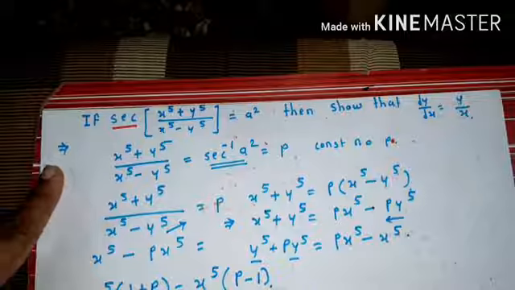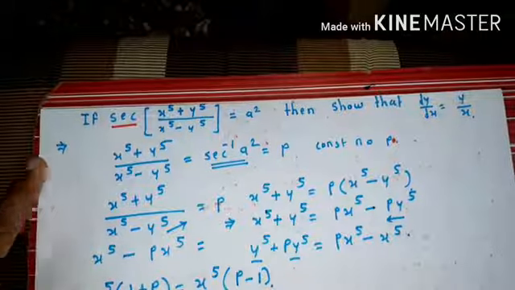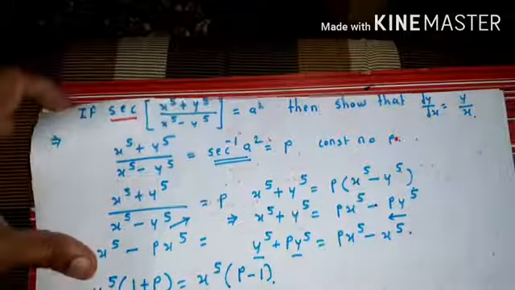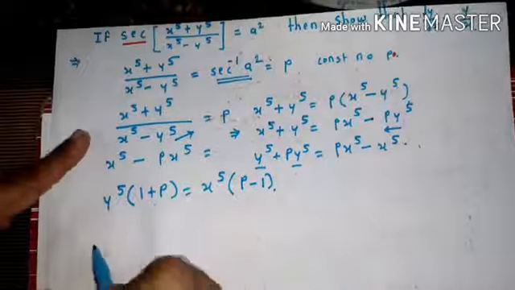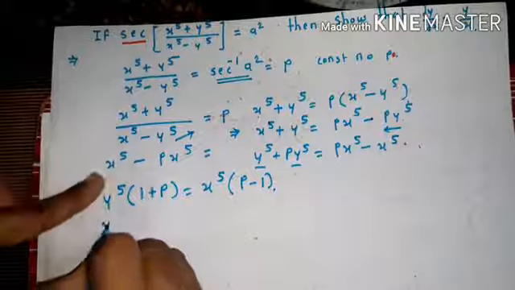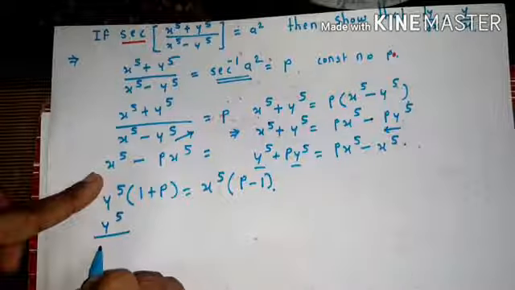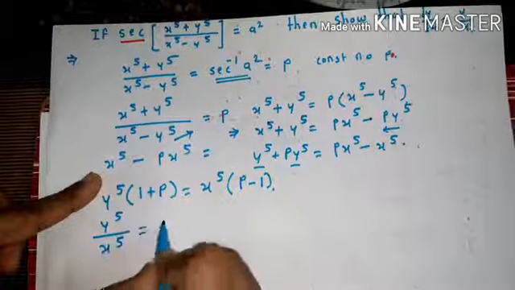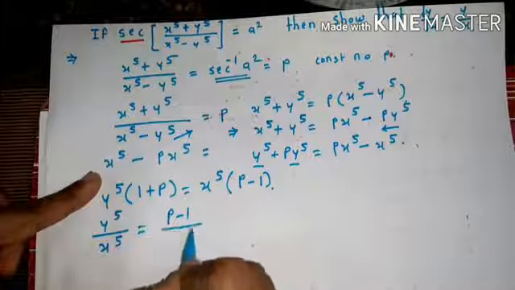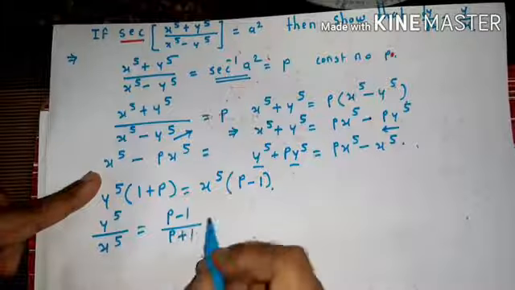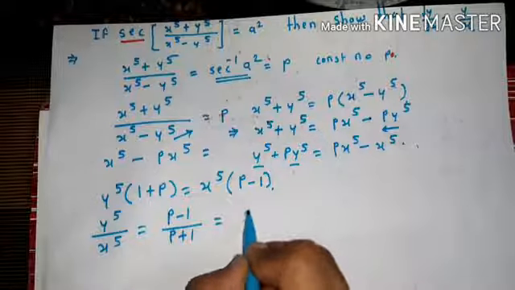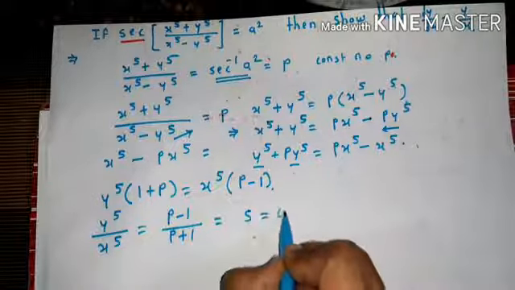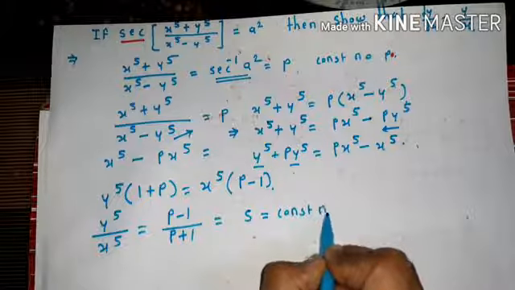Now shift the constant term to one side and the variables to the other side, that is y^5 upon x^5 equal to (p − 1) upon (p + 1). Consider this constant term as s, where s is a constant number.